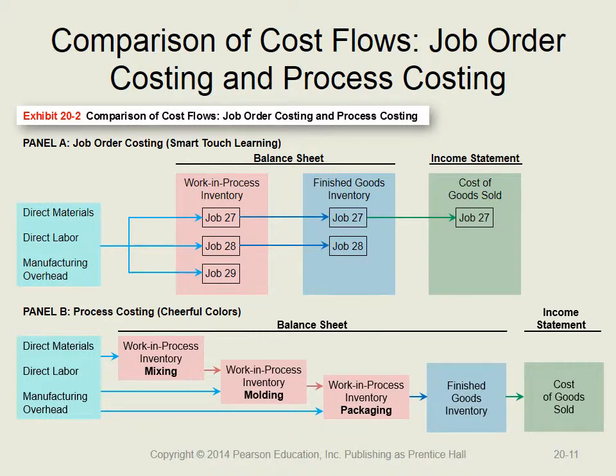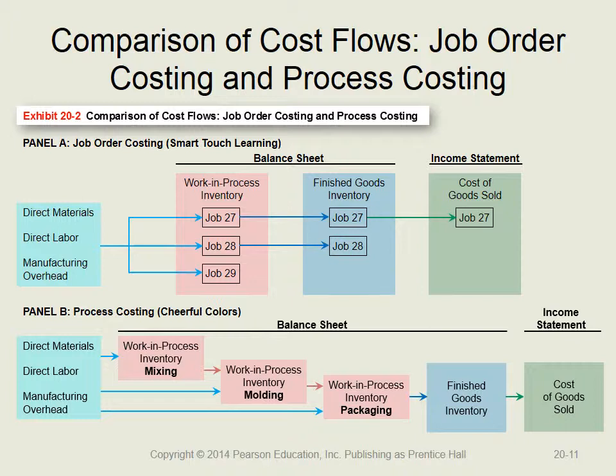When the mixing department's process is complete, the cost of the mixture is transferred from the mixing department's work in process inventory account into the molding department's work in process inventory account. Then, when the molding department's process is complete, the cost of the crayons is transferred from the molding department's work in process inventory account into the packaging department's work in process inventory account.